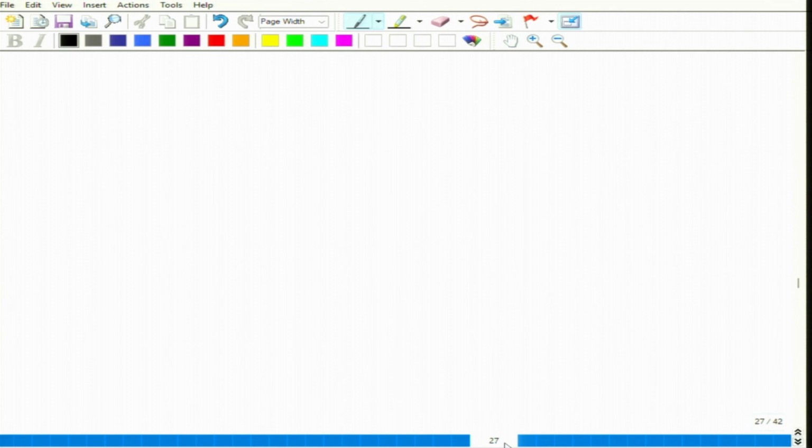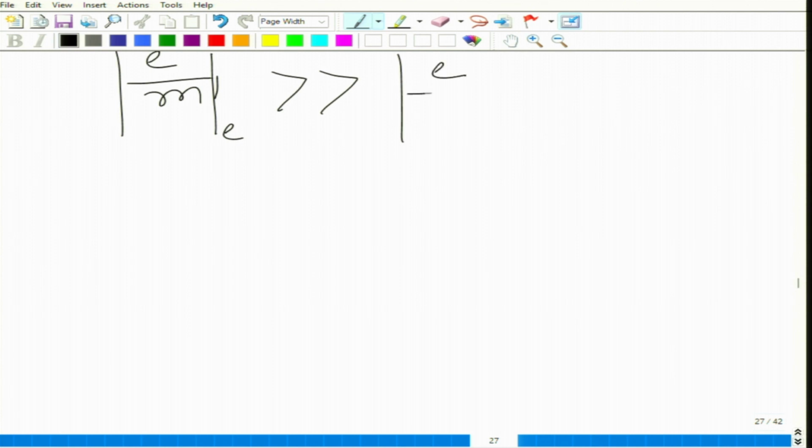So we can conclude that the magnitude of the e by m ratio of the electron is much greater than the magnitude of the charge to mass ratio of a proton.